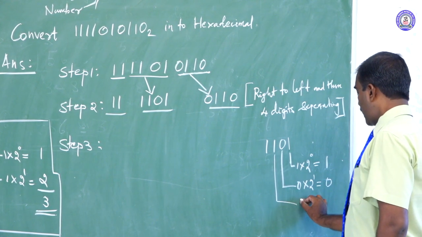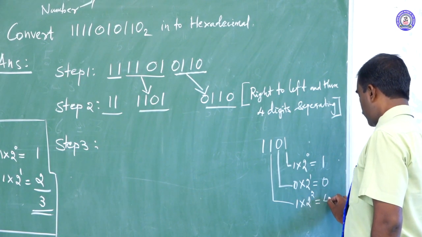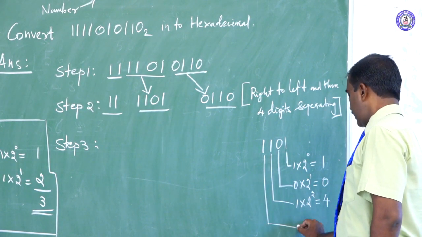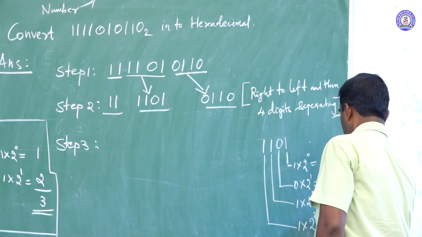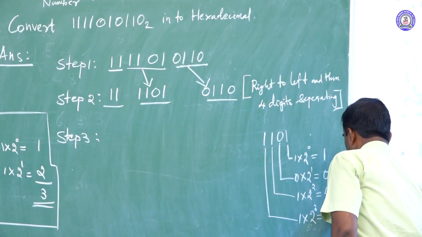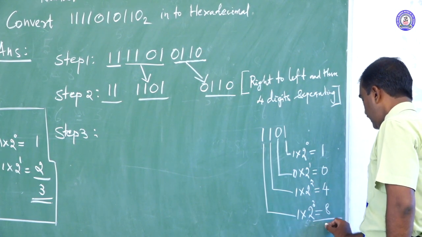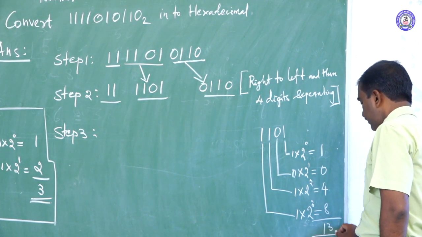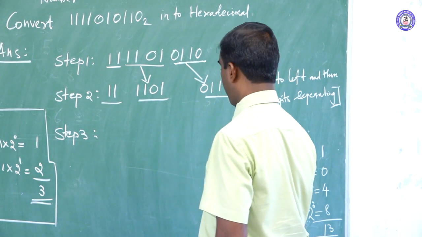Here 1 into 2 to the power of 2 equals 4, and then 1 into 2 to the power of 3, 2 to the power of 3 equals 8. So 1 into 8 is 8. So 1 plus 4 is 5, plus 8 is 13. Okay, so 1 1 0 1.